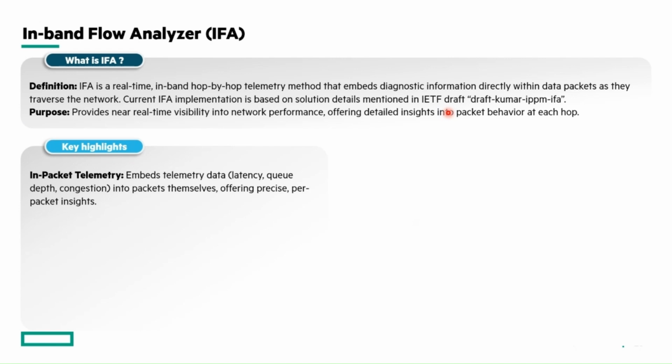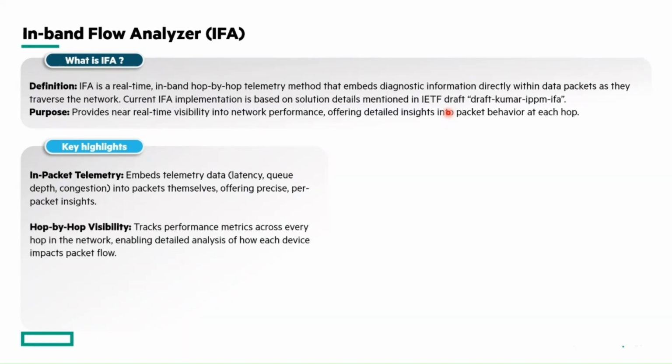It's in-packet telemetry, which means that it is embedding telemetry data such as latency, queue depth, and congestion into the packets themselves, offering precise per-packet insights. The major point is hop-by-hop visibility. It tracks performance metrics across each and every hop in the network, enabling detailed analysis of how each device impacts your flow or your packets.